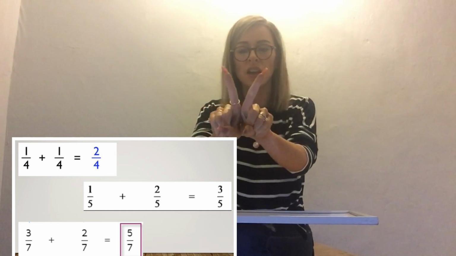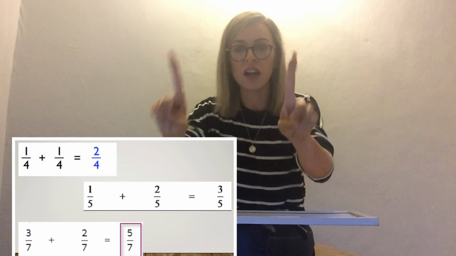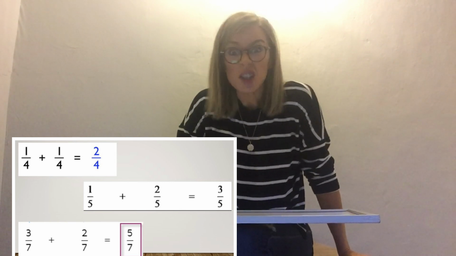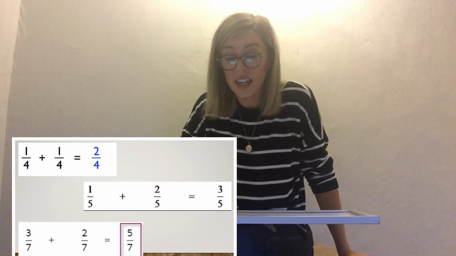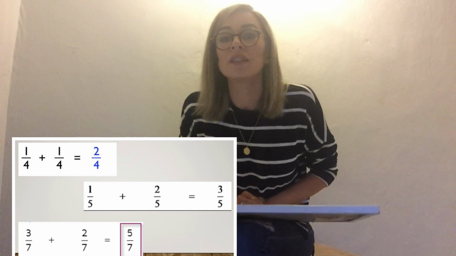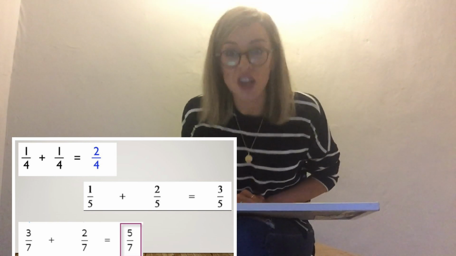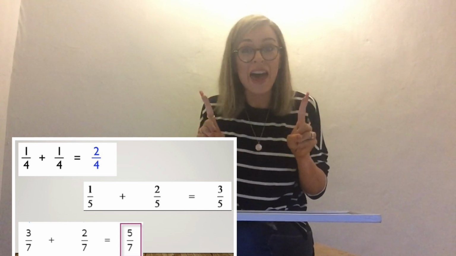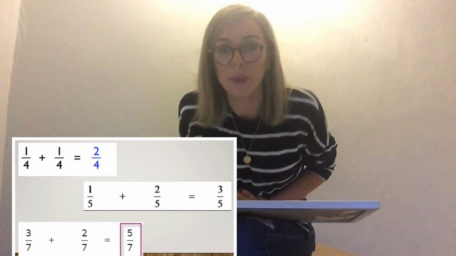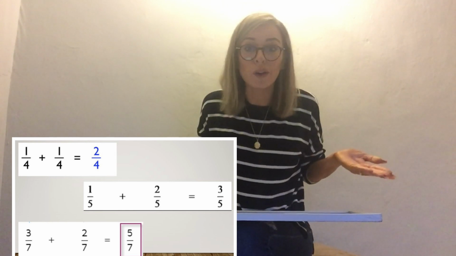So how many fingers altogether? 2 fingers. What is 1 sausage add 1 sausage? It's 2 sausages. What is 1 chair add 1 chair? It's 2 chairs. What is 1 book add 1 book? It's 2 books.